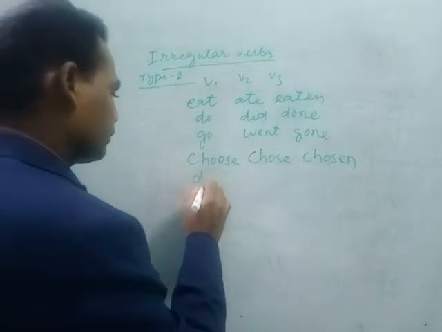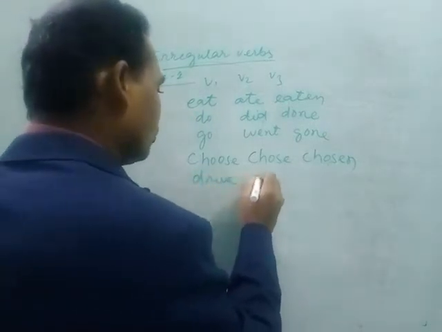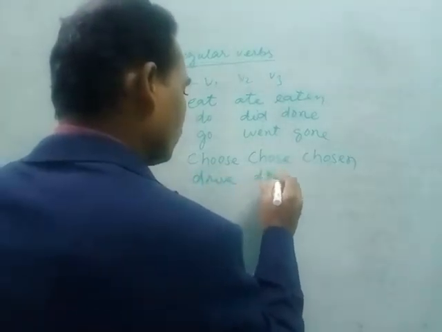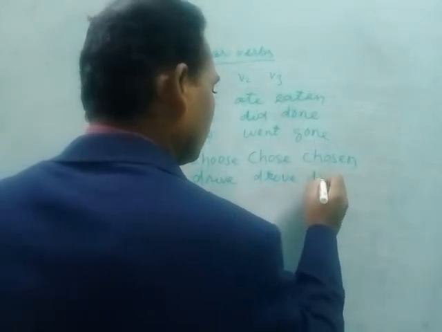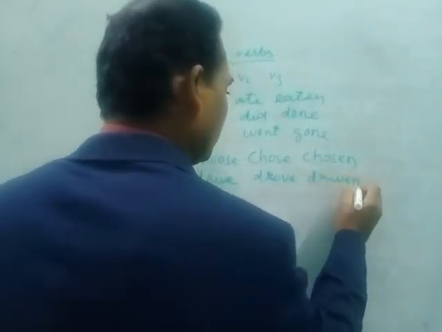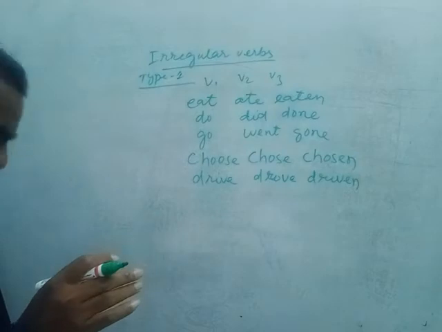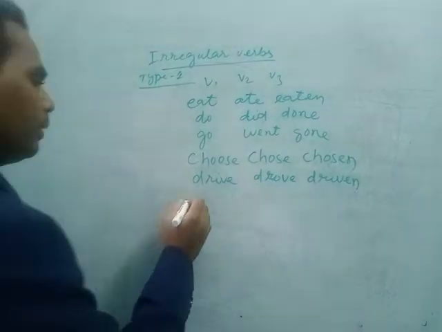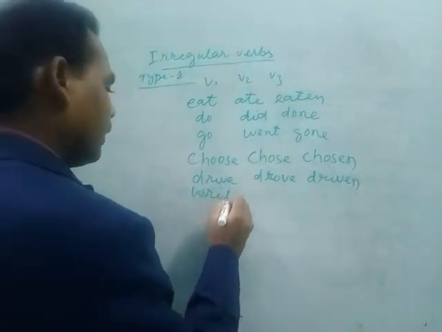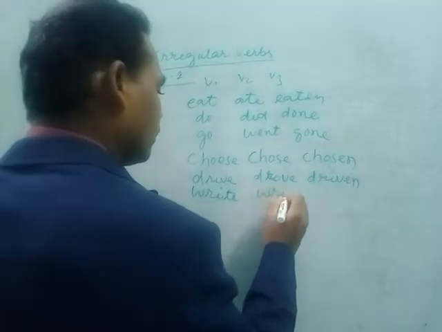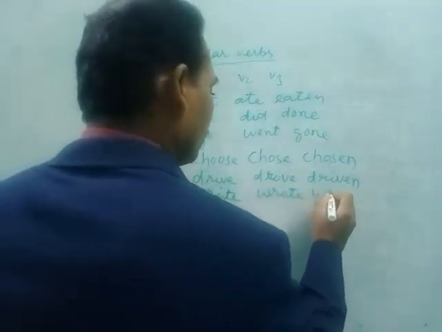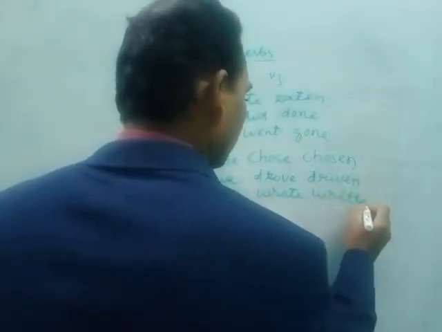Drive, drove, driven. All the verb forms are different. Easy words I am writing: write, wrote, written.